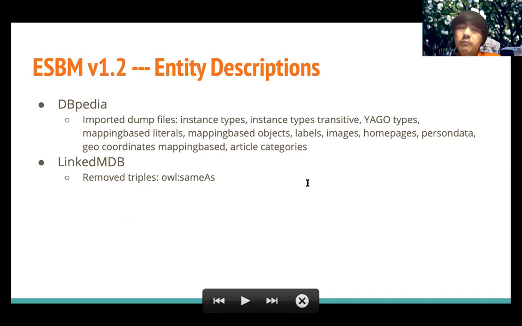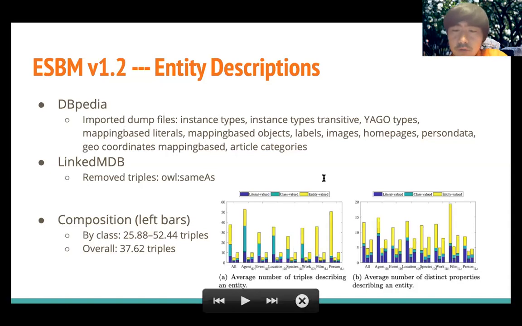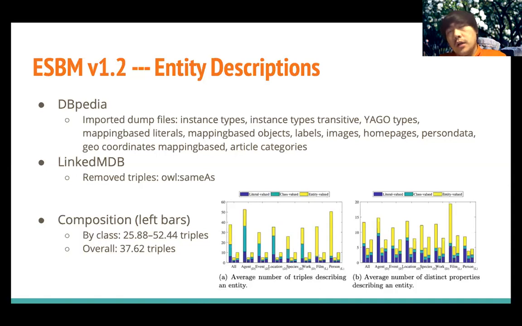We imported their descriptions from the datasets, and then we looked at how many triples there are for each entity. On average, in our dataset, each entity has 37 triples, which is not too large and also not too small.